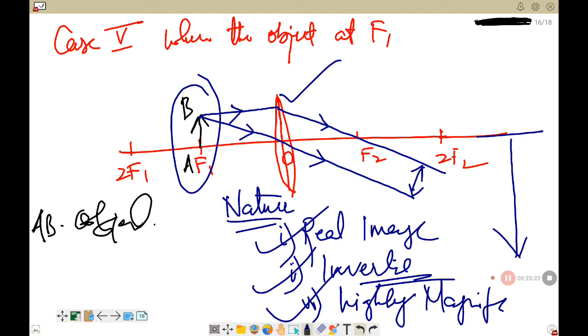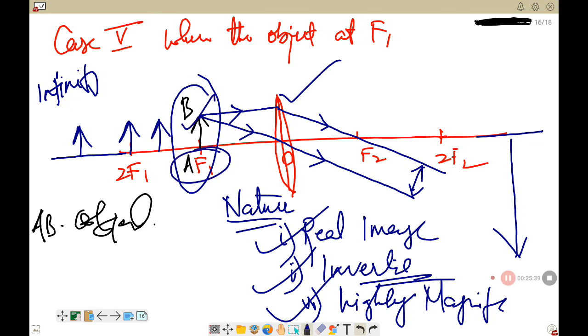Right. So you saw what happened when we had the object at infinity, then we kept beyond 2f1, then on twice of f1, then between 2f1 and f1. Now here we kept on f1. Now let us keep it between the optical center or the lens and the first focus.